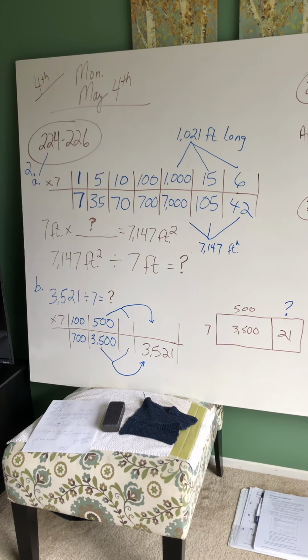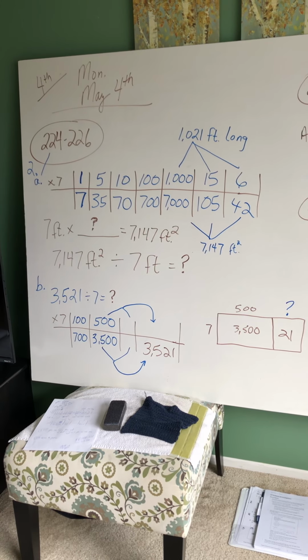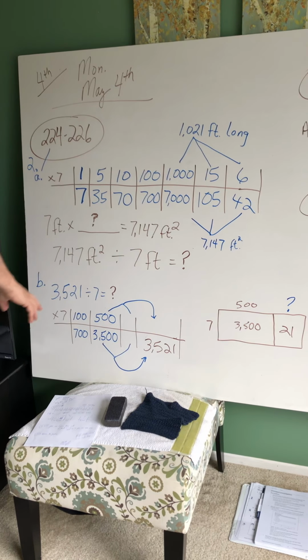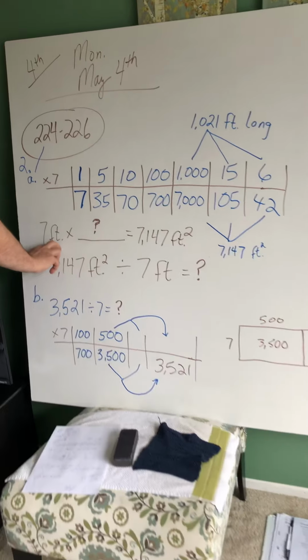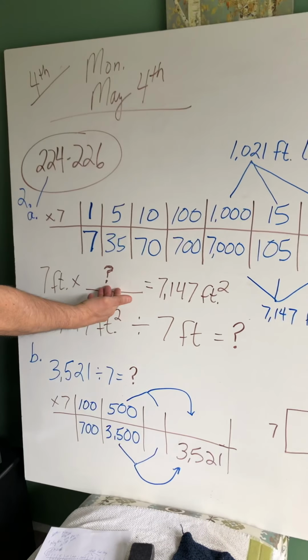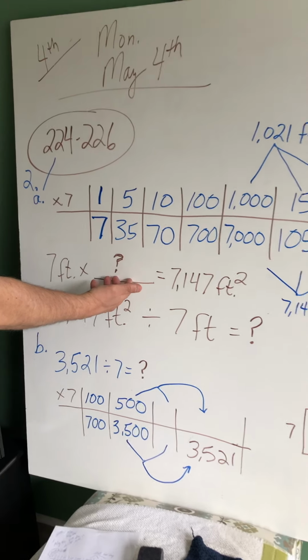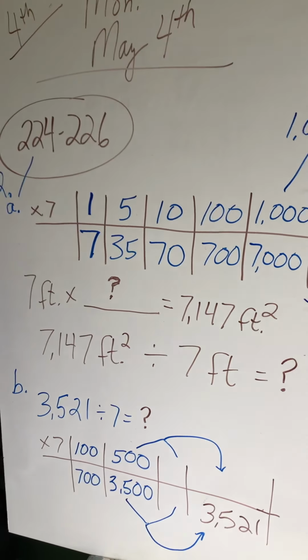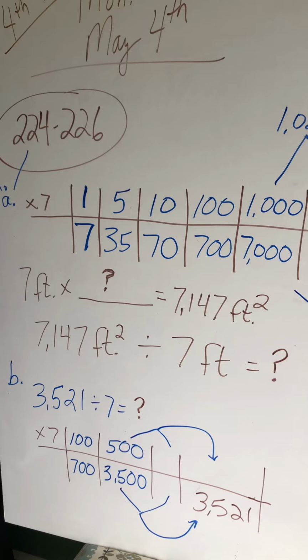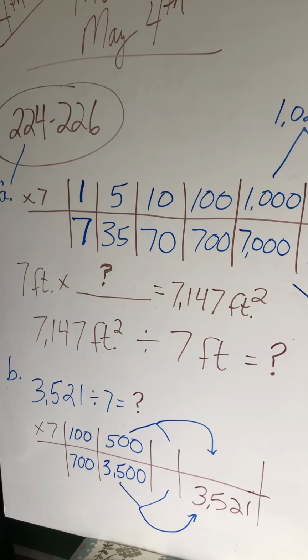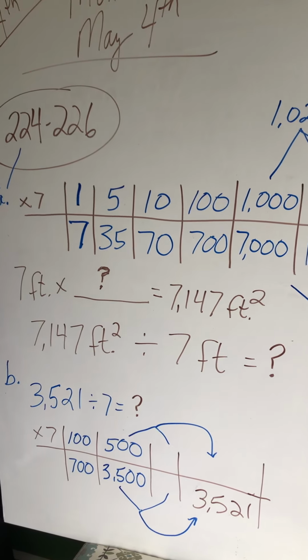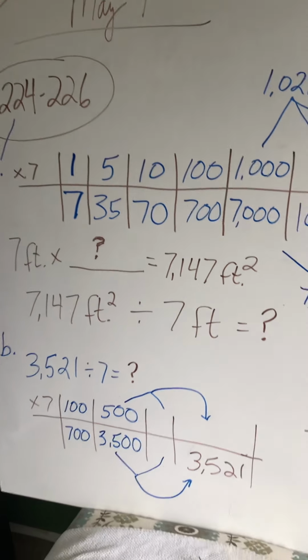But I wanted to show you a different way because of number sense, a sense of numbers. So they're also asking 7 feet times, this is width, what's the length? Equals 7,147. So they said, Mr. Bauer, we want you to show your kids how to use a ratio table to find this answer.